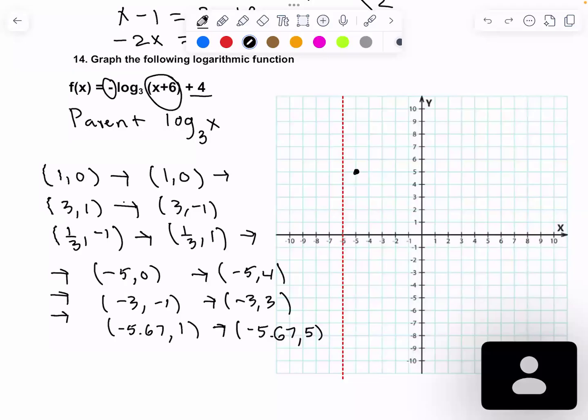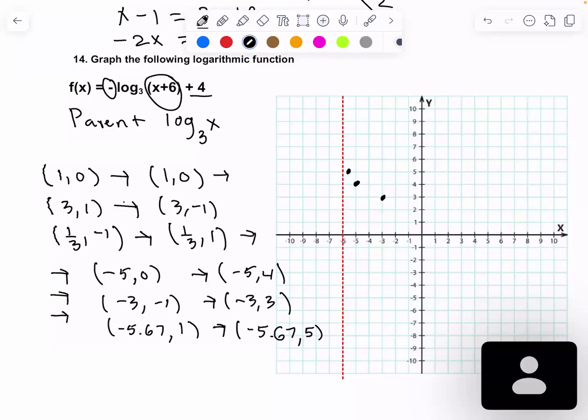Nope, that's not the right point. It's -3, 3. Gosh. And then I have -5.67. Okay, what a struggle. So this would be at 4. Okay, hopefully you guys aren't struggling as much as me. Okay, that was bad. So the other point's right here.